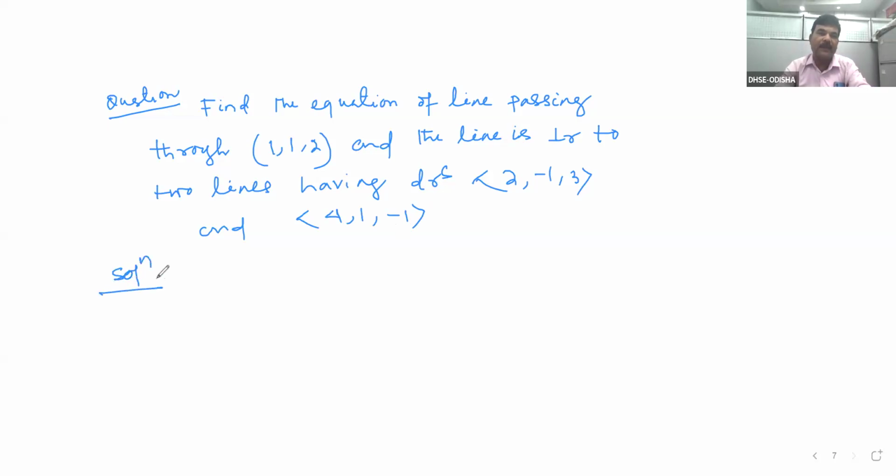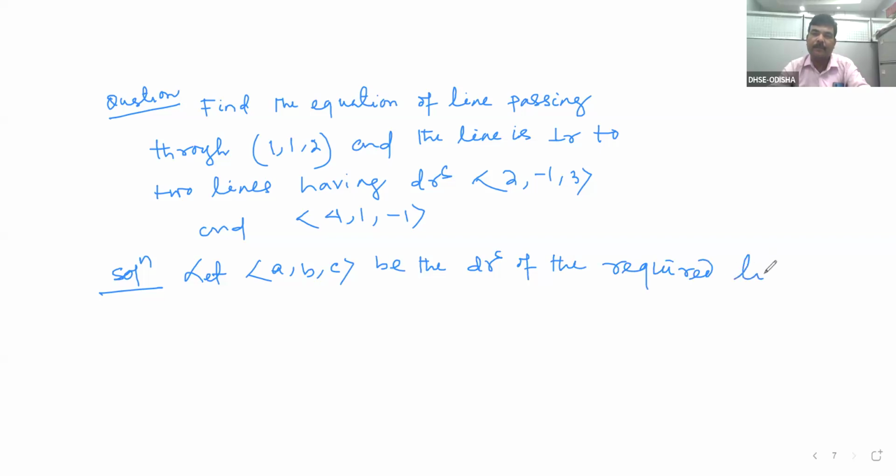Let A, B, C be the DRs of the required line. The required line is perpendicular to two lines having DRs 2, -1, 3 and 4, 1, -1.